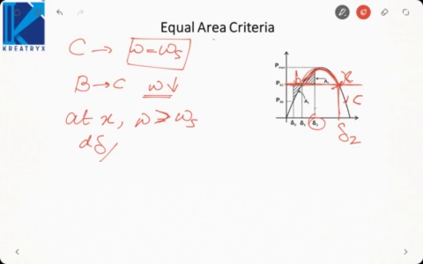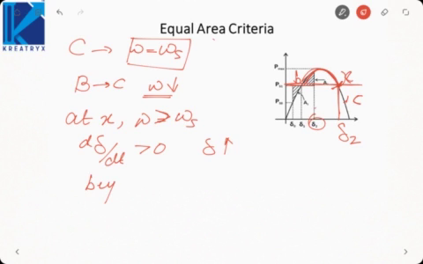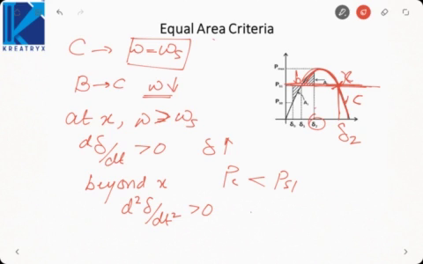Then d delta by dt will be greater than 0. So delta will increase. That is, we will go beyond x. Now, when we go beyond x, this is my electrical power, but mechanical power is this much. So electrical power becomes less than mechanical power. If electrical power becomes less than mechanical power, then d square delta by dt square will become greater than 0. So speed will increase.